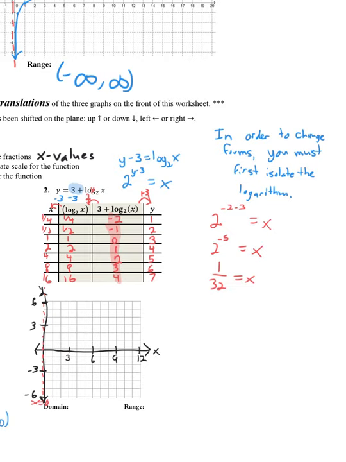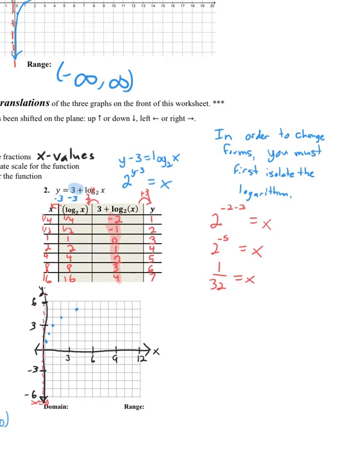It's going to be 1/4, comma 1. 1/2, comma 2. 1, comma 3. 2, comma 4. 4, comma 5.